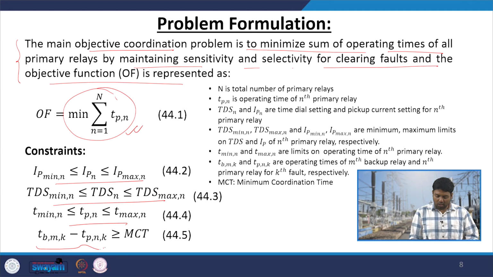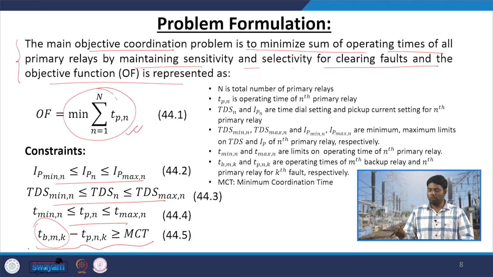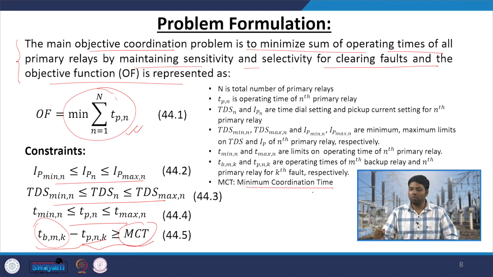And also this is the coordination equation that will keep the time of operation of the backup relay minus the time of operation of the primary relay greater than the minimum coordination time. So, you have to choose that minimum coordination time, and depending upon that, the operation time of the backup and the primary relay will be decided.